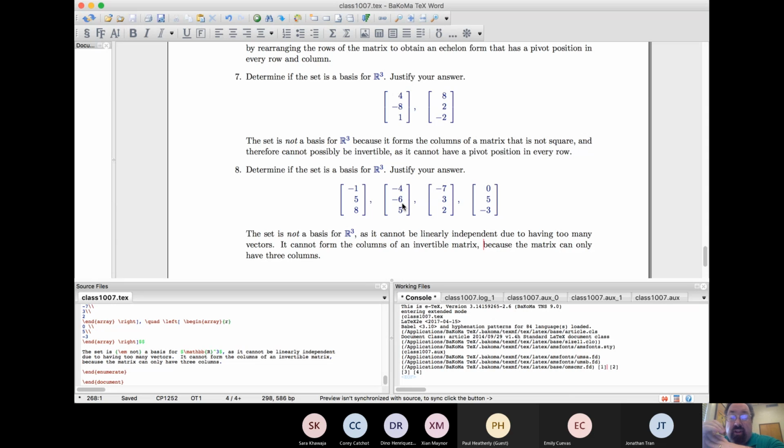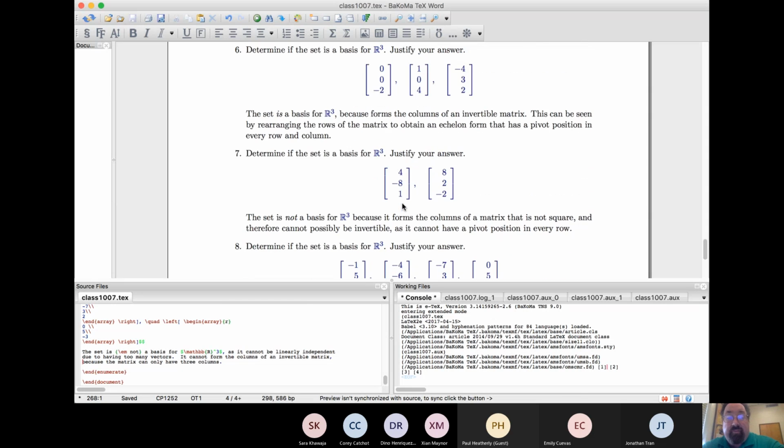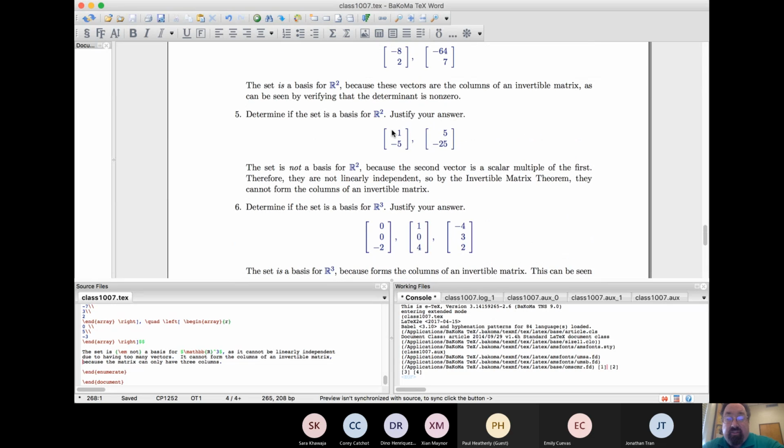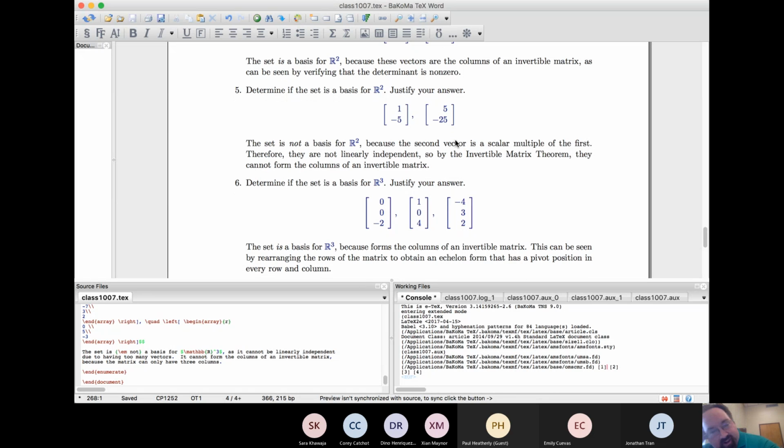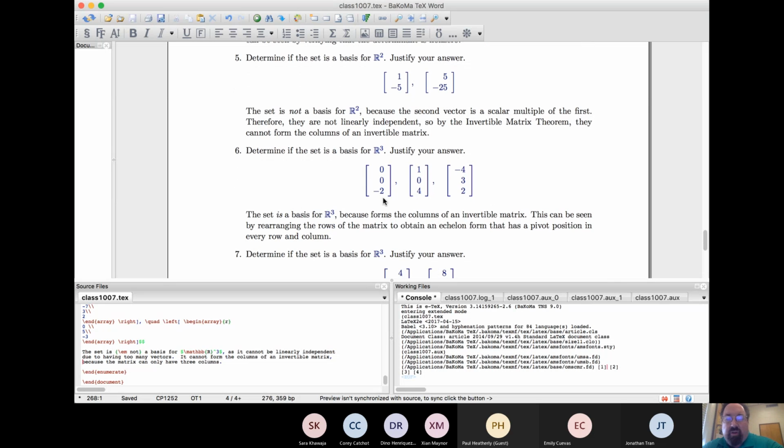Once you've ensured you have the right number of vectors, so n vectors for an n-dimensional space, in some cases you can check whether one vector is clearly a linear combination of the other ones, to rule it out as a basis. If there's nothing obvious like that that jumps out at you, then the fallback is to do some kind of row operation.